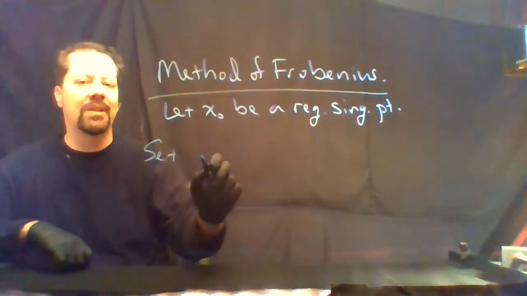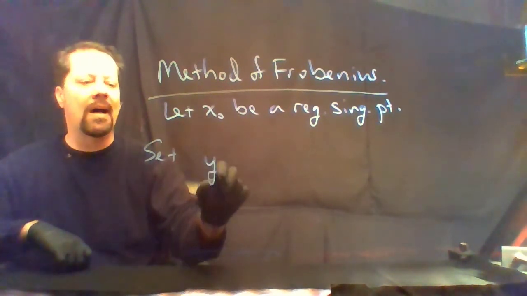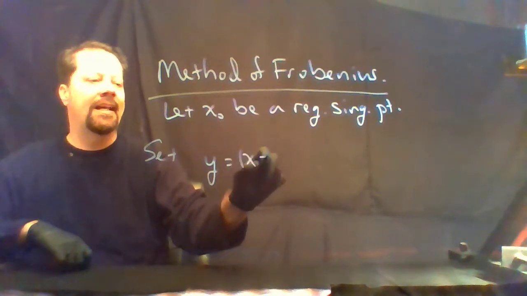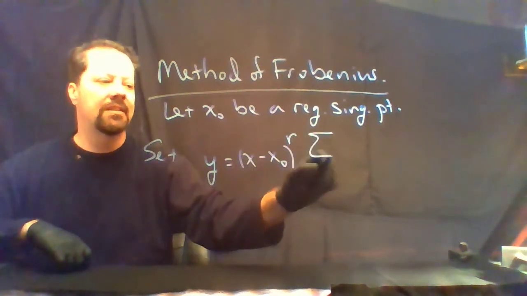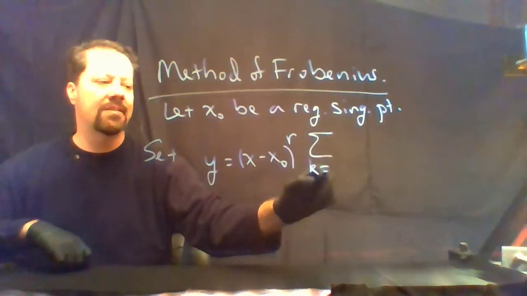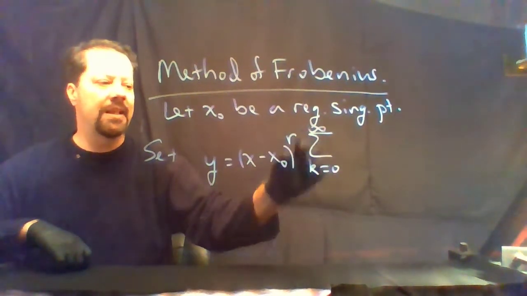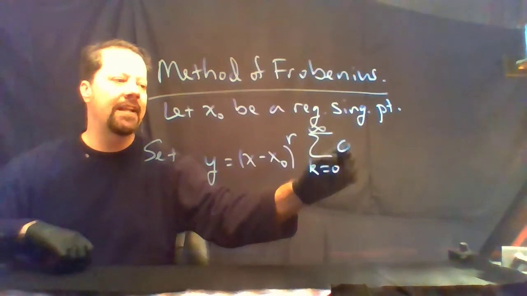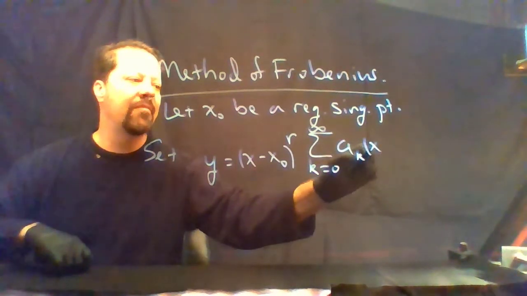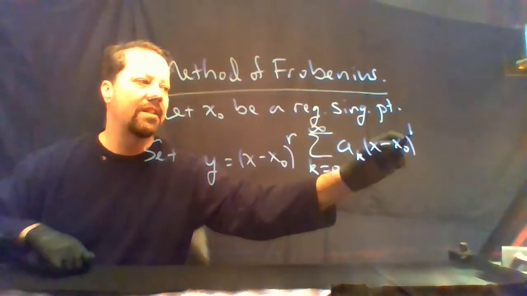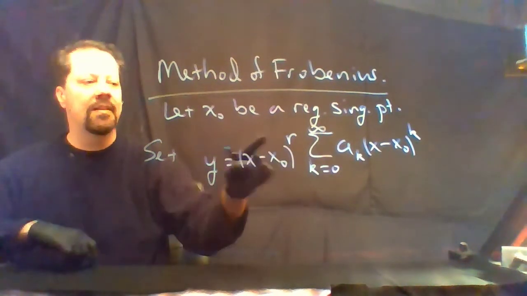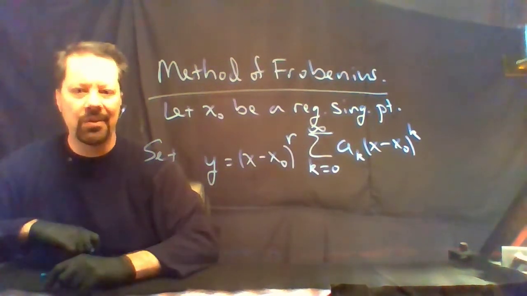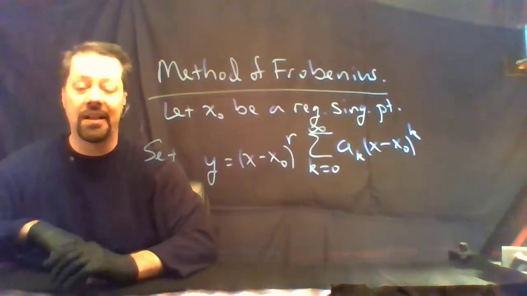And here's how we're going to do it. We're going to set y to be x minus x naught to the power of r for some real number times some analytic piece. So on this piece, sum will go from 0 to infinity, a sub k, x minus x naught to the power k. All nice and good there. R is not assumed to be an integer or a whole number.